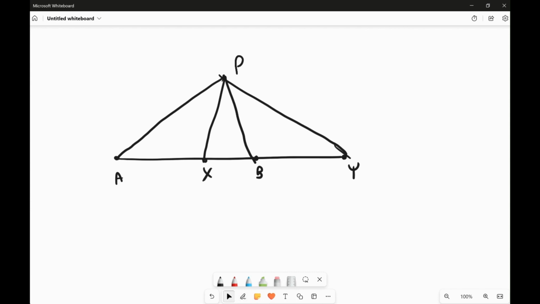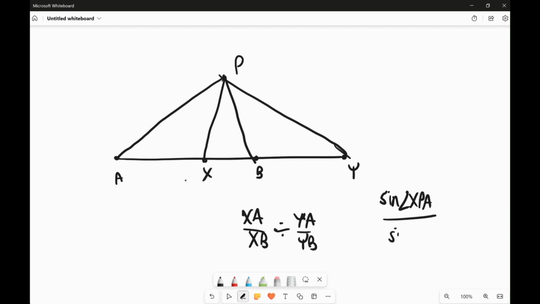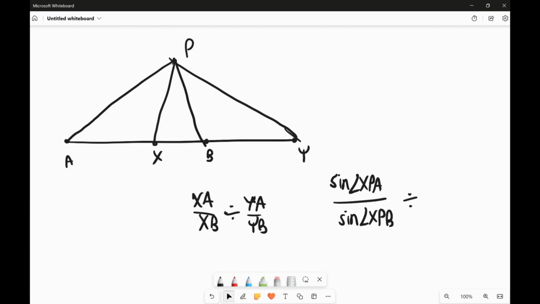Now we want to look at the quantity XA over XB divided by YA over YB. Now we want to look at the sine of angle XPA over the sine of angle XPB, divided by the sine of angle YPA over the sine of angle YPB. And it turns out these are equal to each other.